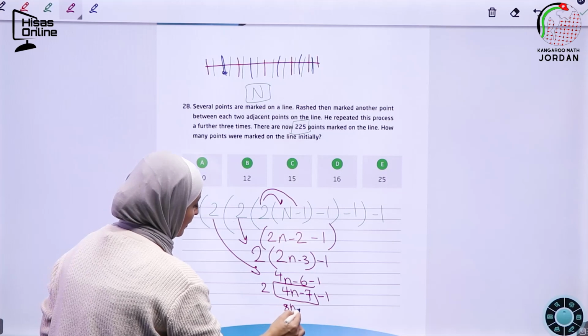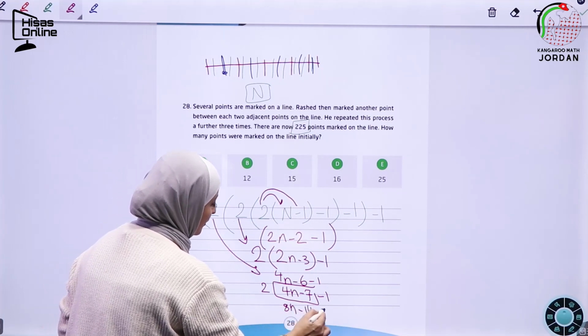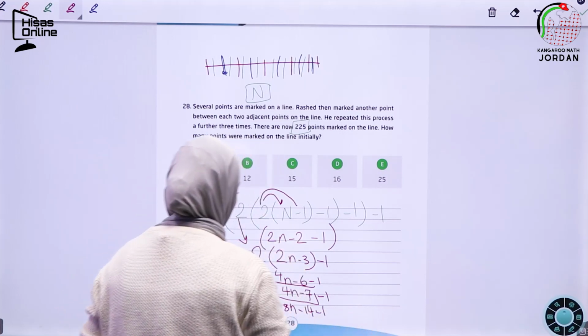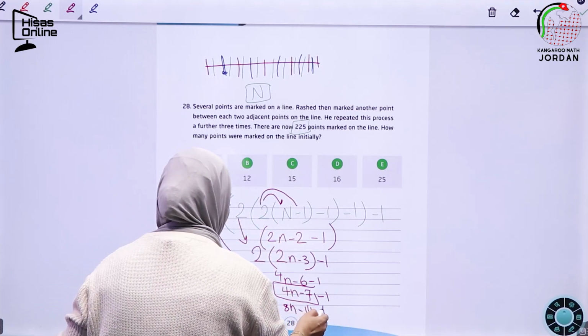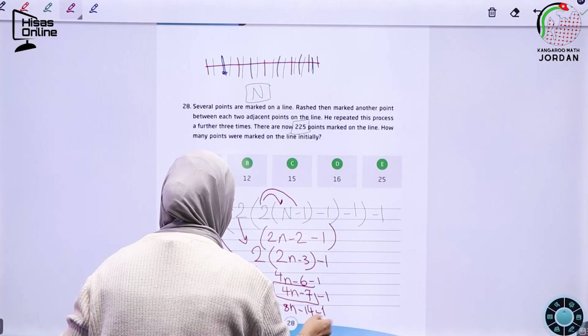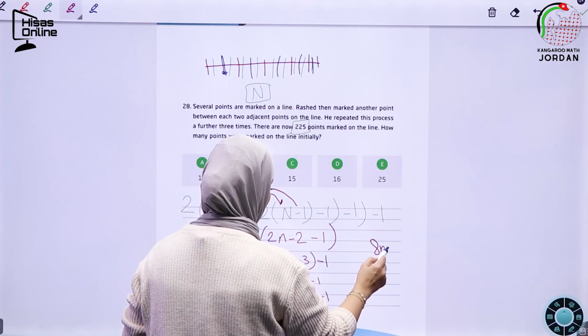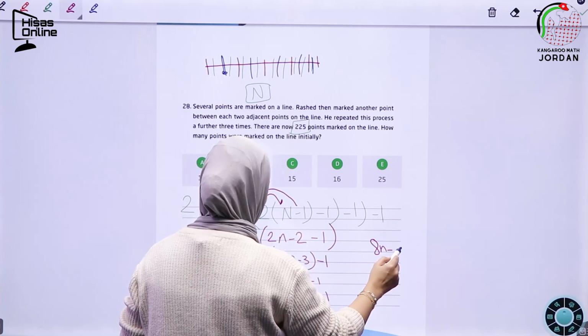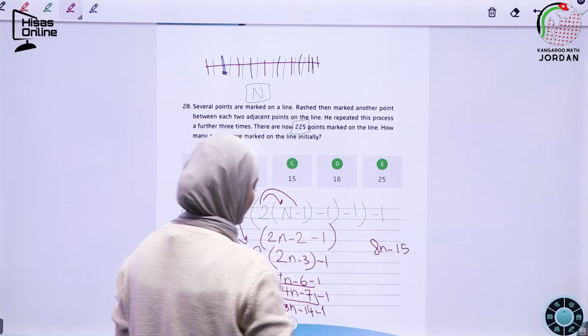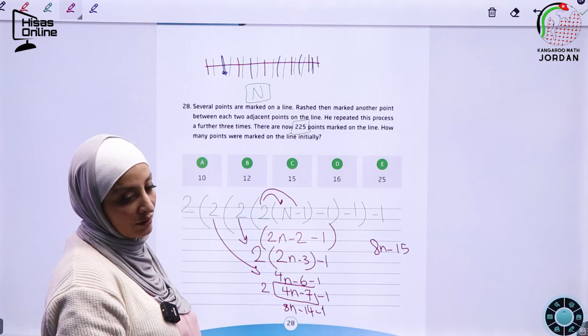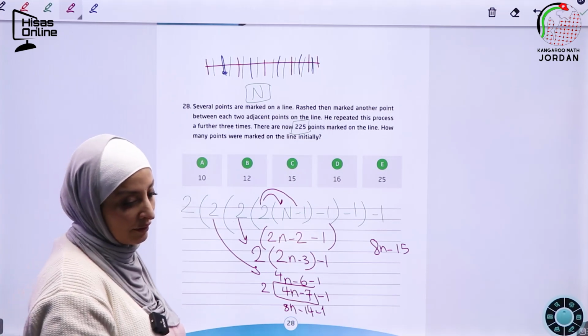It's 8n minus 14 minus 1. Yes, it's 15. So it's 8n minus 15.